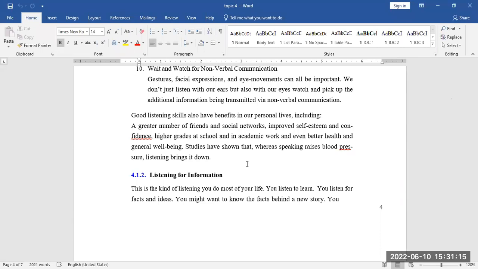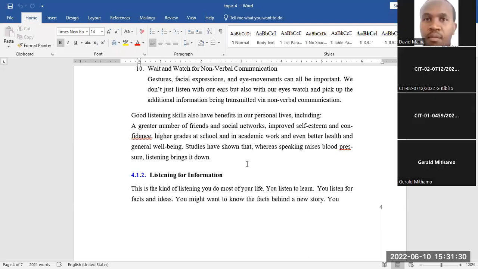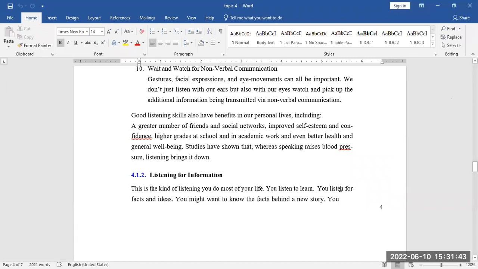That's why when you are told a problem shared is half solved. It simply means that when you go and listen to someone, say for example, you have gone through a very serious problem, yani umepitia maisha kali sana, so if you listen to someone, you'll be able to cool down your blood pressure.